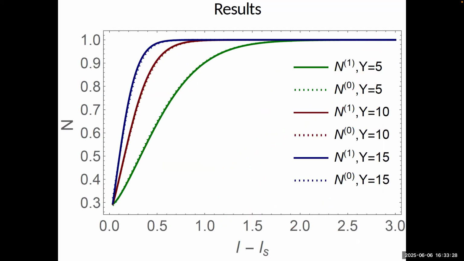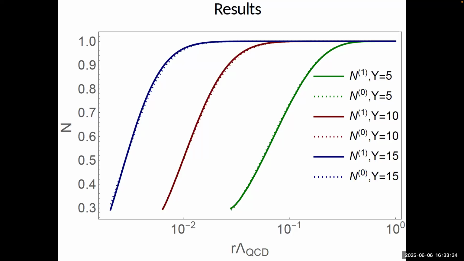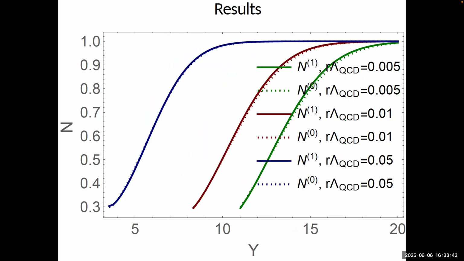And this is the dipole amplitude as a function of L minus Ls for different rapidities. This is as a function of the dipole size times lambda QCD at fixed y. And for fixed R lambda QCD, but as a function of y.